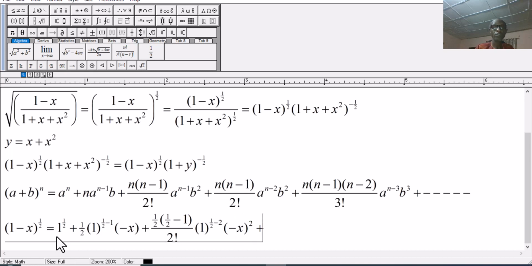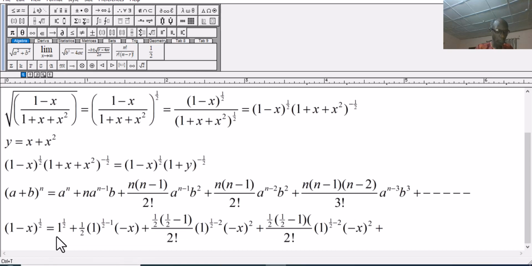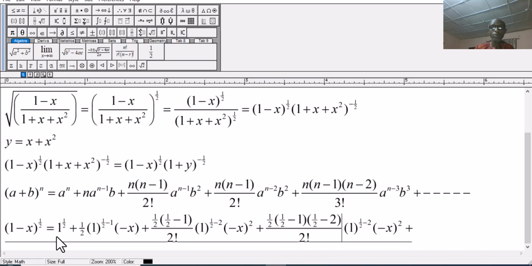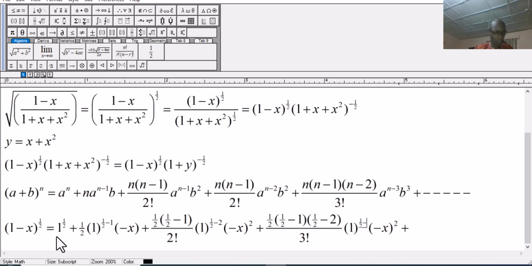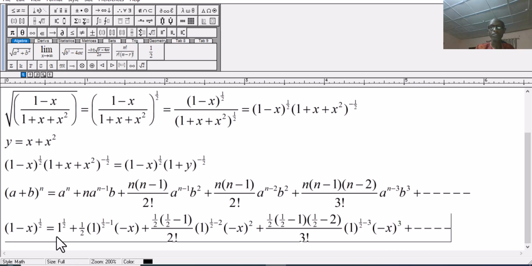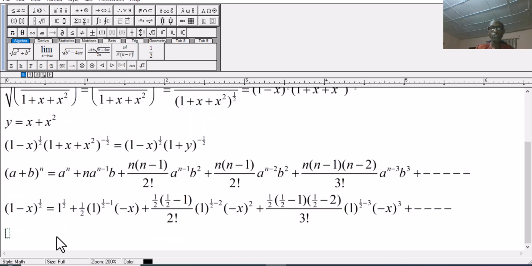The next one, let me just copy this. This one will be half times (half minus 2) over 3 factorial, then this one is 3, and then this one is 3. So we have that.